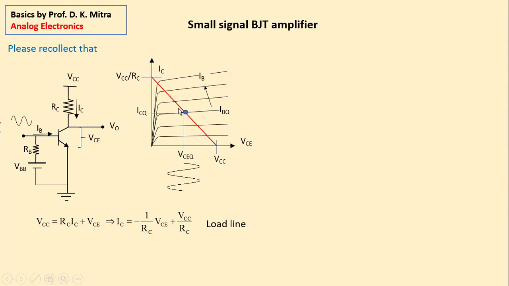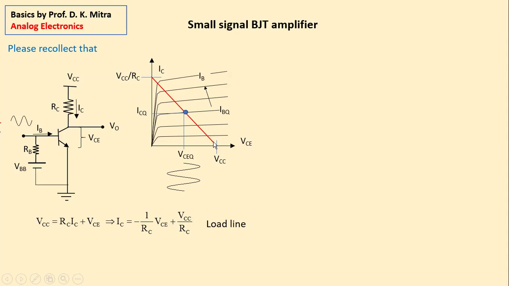And this red line is the load line, whose equation is VCC equal to IC times RC plus this potential here VCE, right? From here we get IC is equal to minus 1 upon RC VCE plus VCC by RC. This line is called the load line.